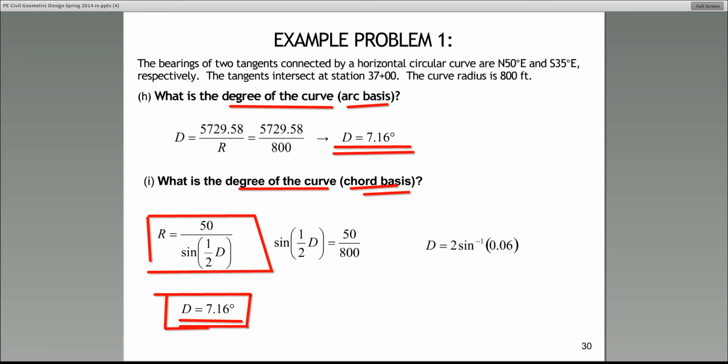If the degree of curvature is the same both on the chord basis and the arc basis, that means the chord of 100 feet is very, very close to the arc of 100 feet, which means the curve is very, very flat. And of course, guys, if you carry out these digits to the right of the decimal point a few digits, there will be some differences that you will see, but that's what this means.